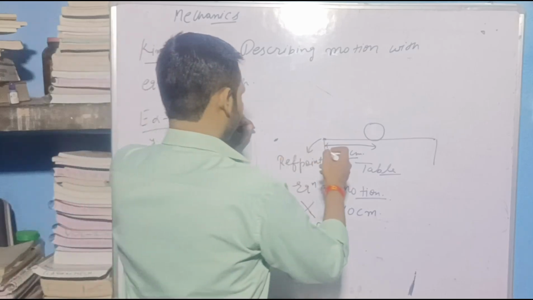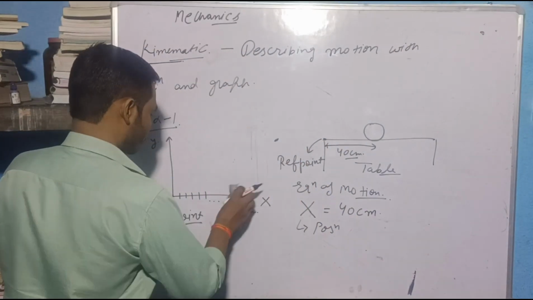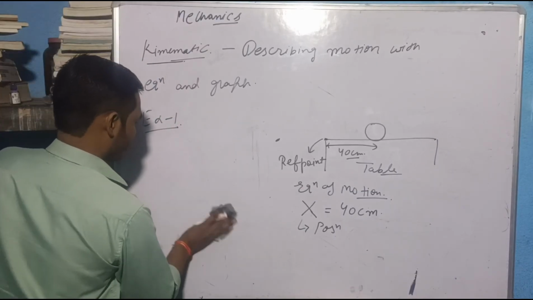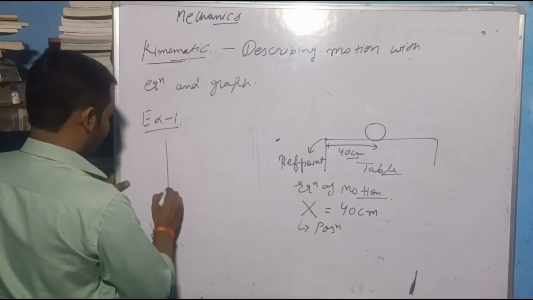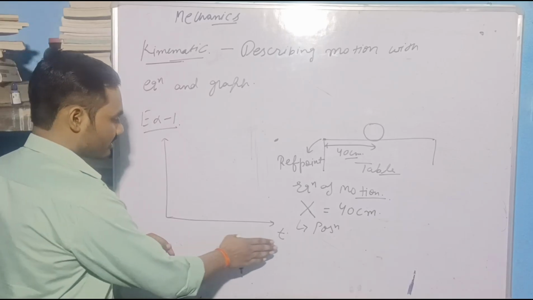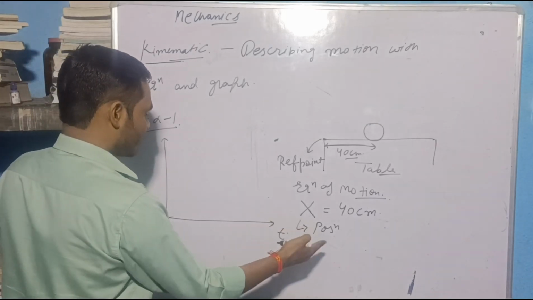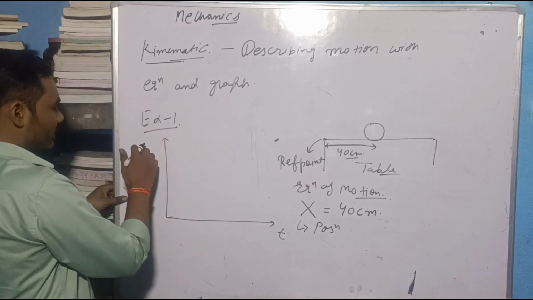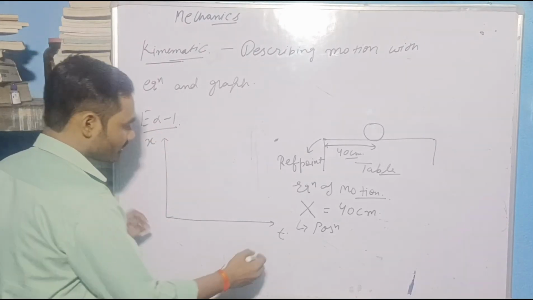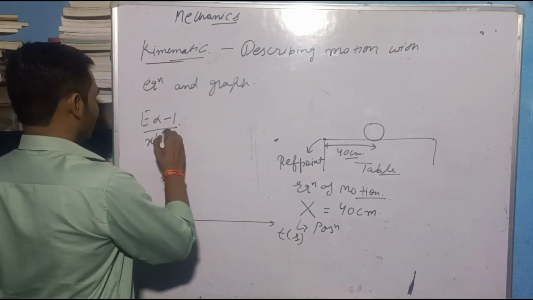So here take another graph. If we assign this x axis with t, with time, and this y axis with position, this time is in seconds and this position is in meters.